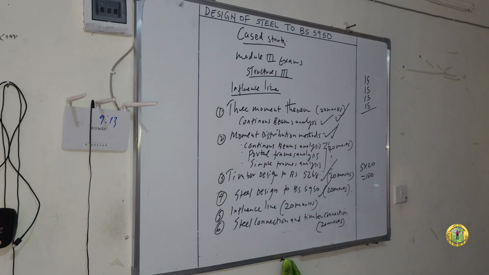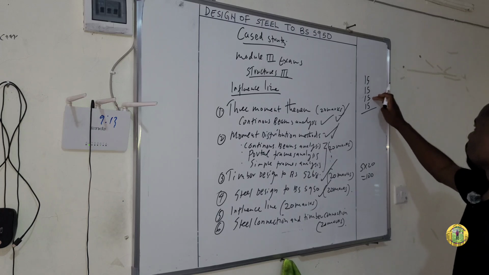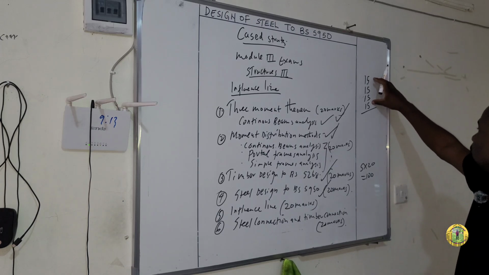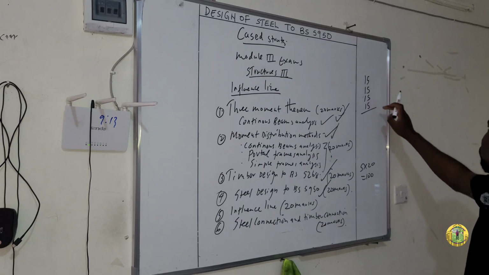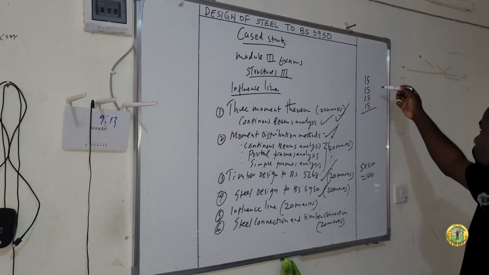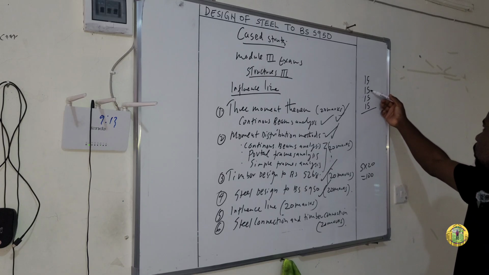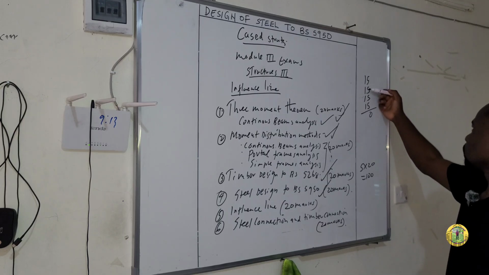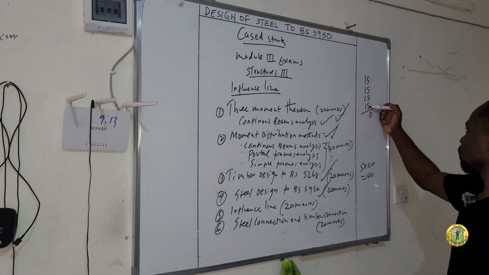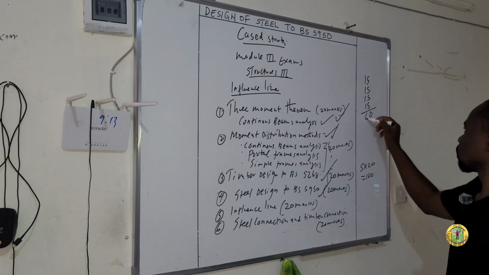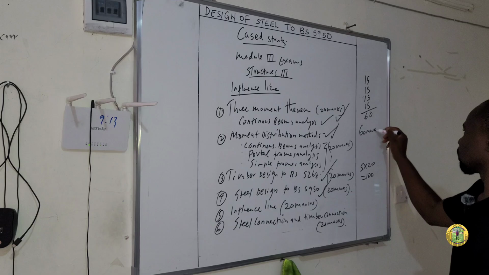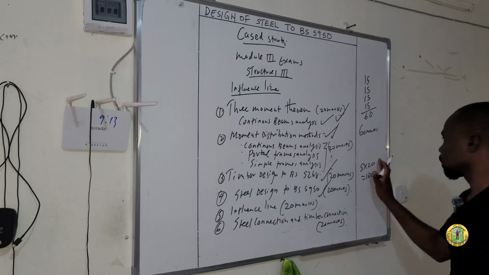But because of time, let's work on 4 questions. If you have selected 4 questions and you have scored 15, 15, 15, 15, let's get the total. You already have 60 marks out of 100.